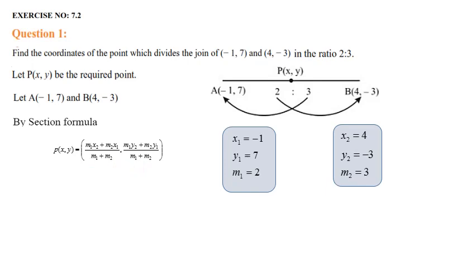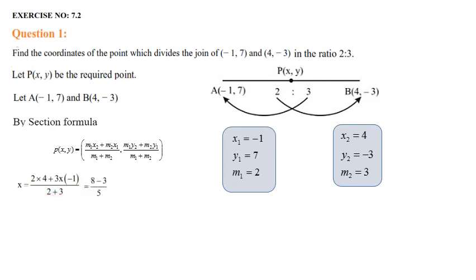Let's directly substitute it. The x coordinate is (m1 x2 + m2 x1) divided by (m1 + m2). So m1 is 2 into x2 which is 4, plus m2 which is 3 into x1 which is -1, divided by m1 plus m2, that is 2 plus 3.